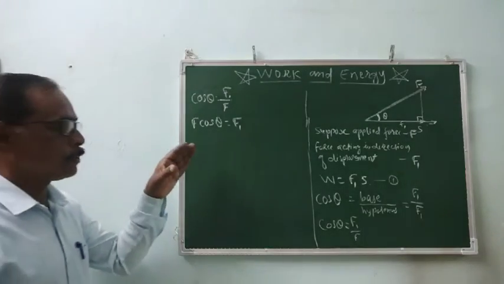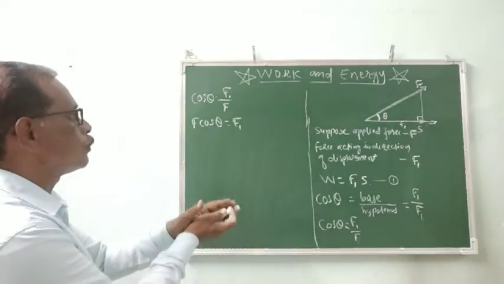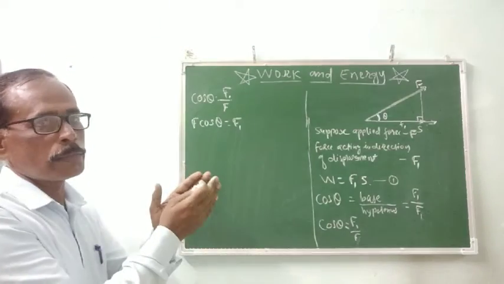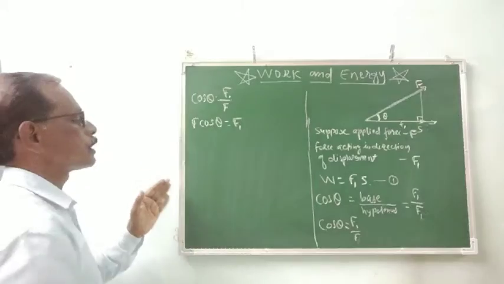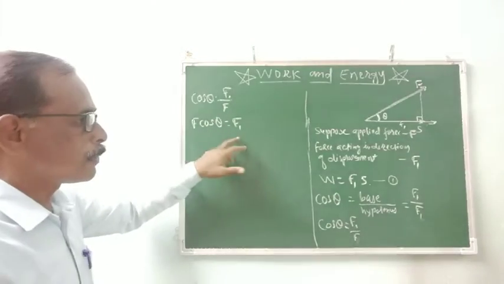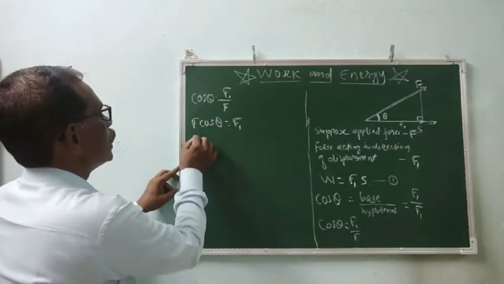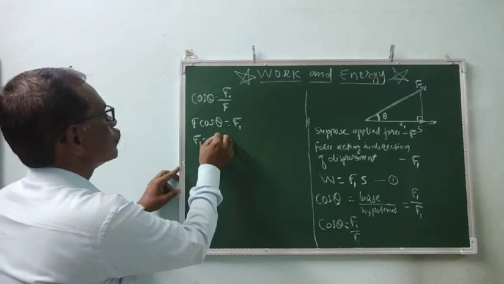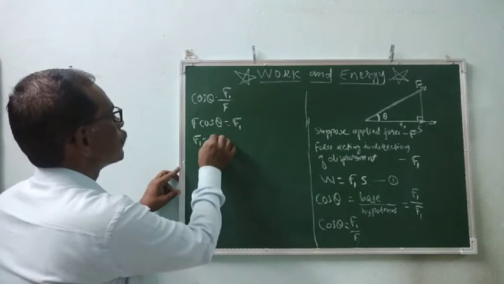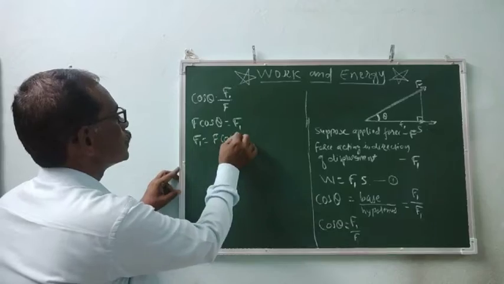When we take that F quantity to the left side, it goes into multiplication. So F cos theta equal to F1. We will get the value of F1, that is F1 equal to F cos theta.